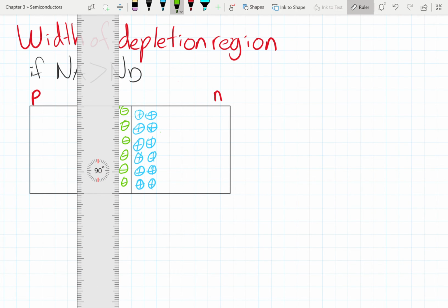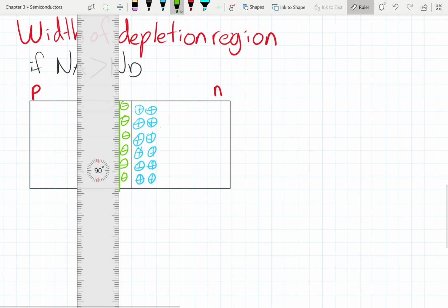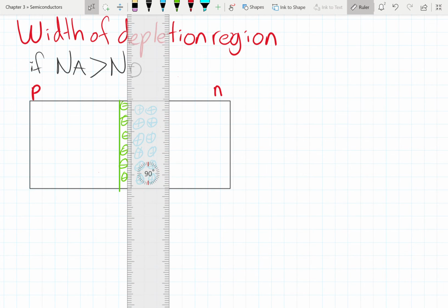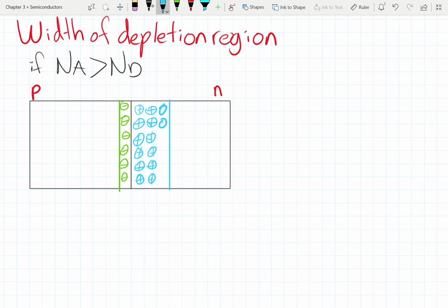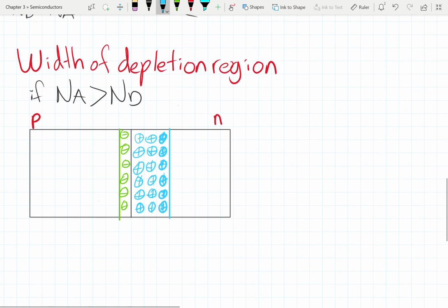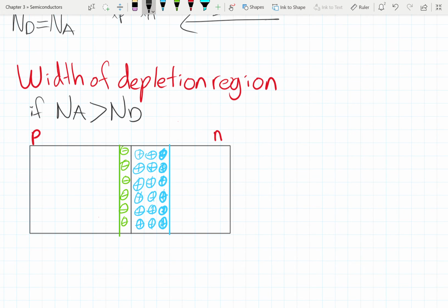So you're going to have more bound charges here than you have on the other side. What's important here is that if the concentration of acceptors is bigger than the concentration of donors, the depletion region will extend into the area with less concentration.